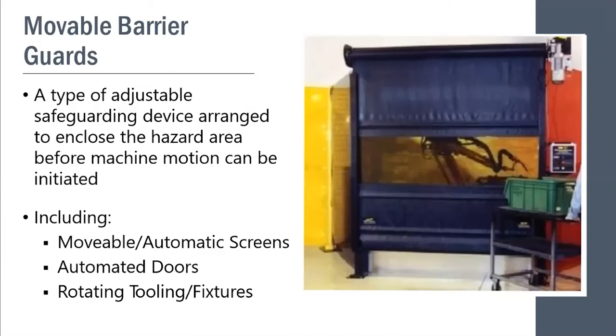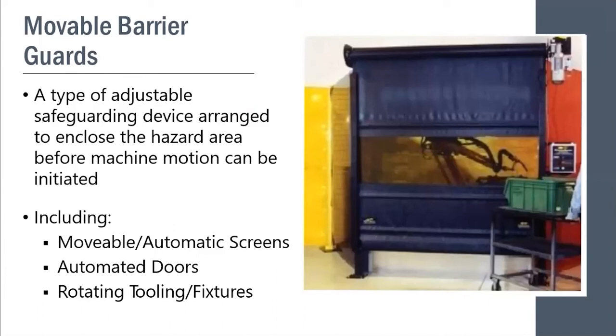The last type of guard we're going to look at is the movable barrier guards. These are also good where a presence sensing device safe distance is not suitable, or we need to contain other hazards.